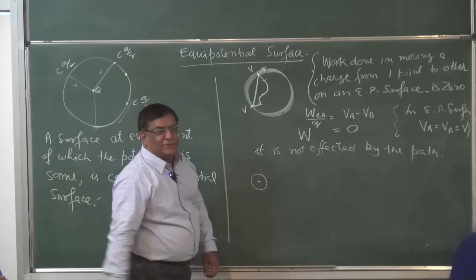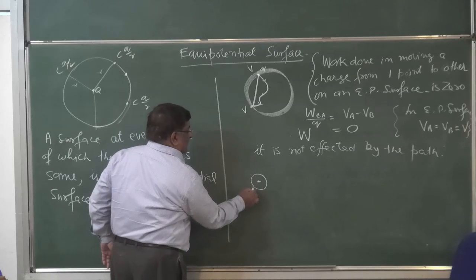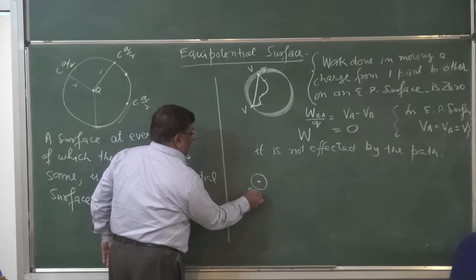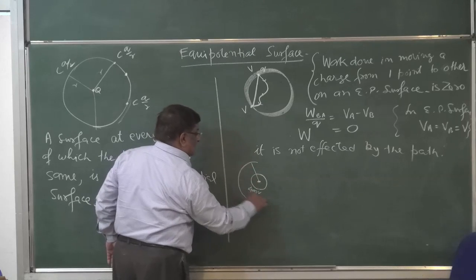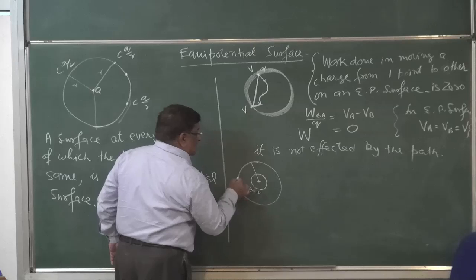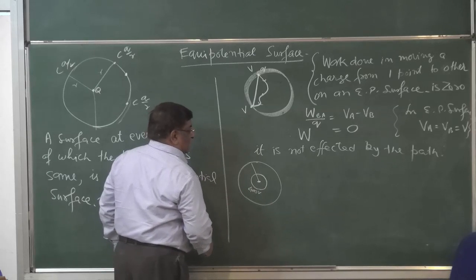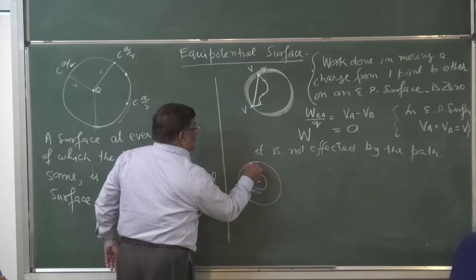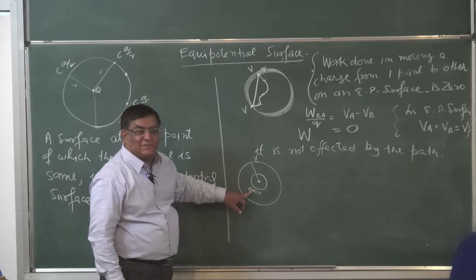It is an equipotential surface. The distance is very small and it has a potential of 400 volt. Now at this distance with this radius there is another sphere. This sphere is also an equipotential surface, and is its potential more than this or less than this?